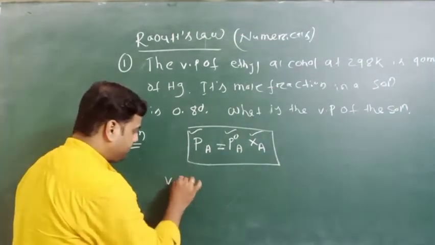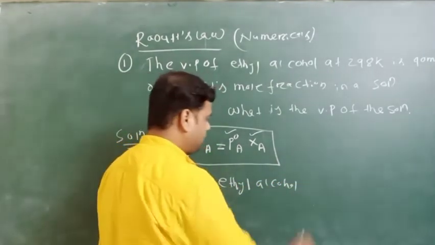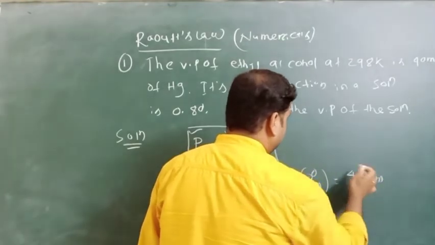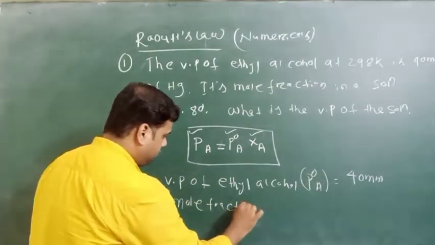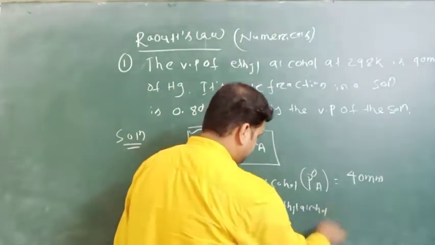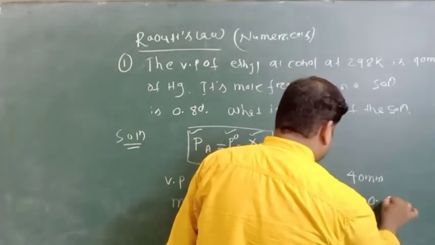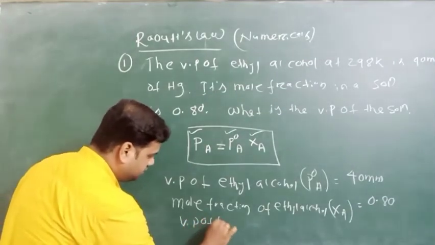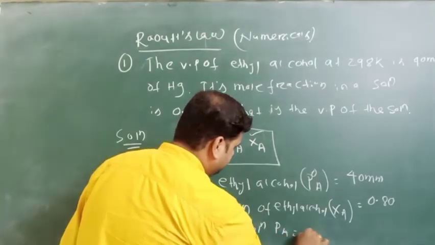So the vapor pressure of ethyl alcohol, P0A, is equal to 40 mm, and the mole fraction of ethyl alcohol, XA, is equal to 0.80. Then the vapor pressure of the solution, Pa, equal to how much?